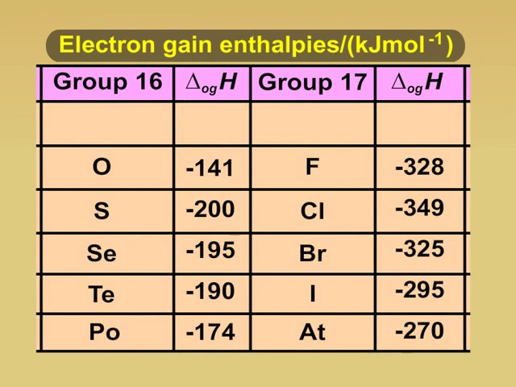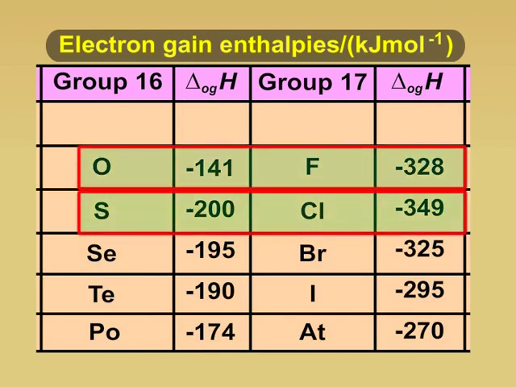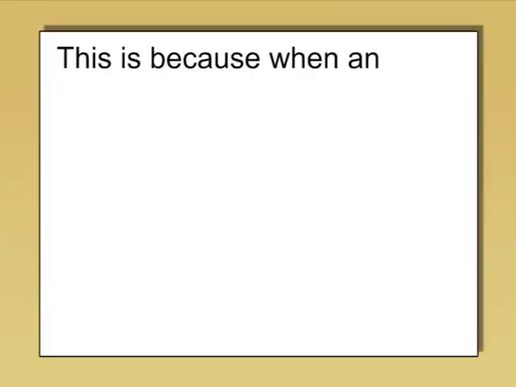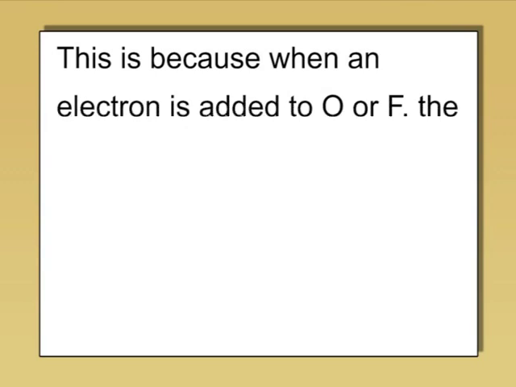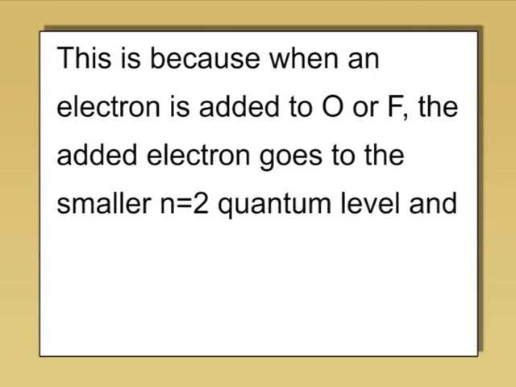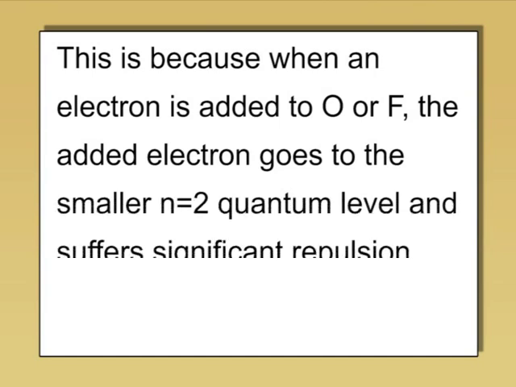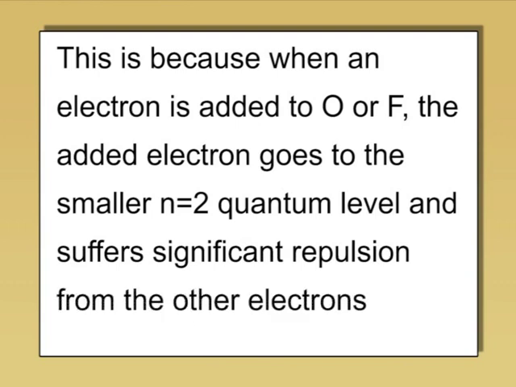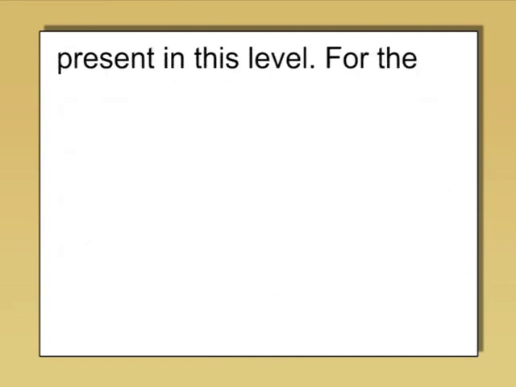However, electron gain enthalpy of oxygen or fluorine is less negative than that of the succeeding element. This is because when an electron is added to oxygen or fluorine, the added electron goes to the smaller n equal to 2 quantum level and suffers significant repulsion from the other electrons present in this level.